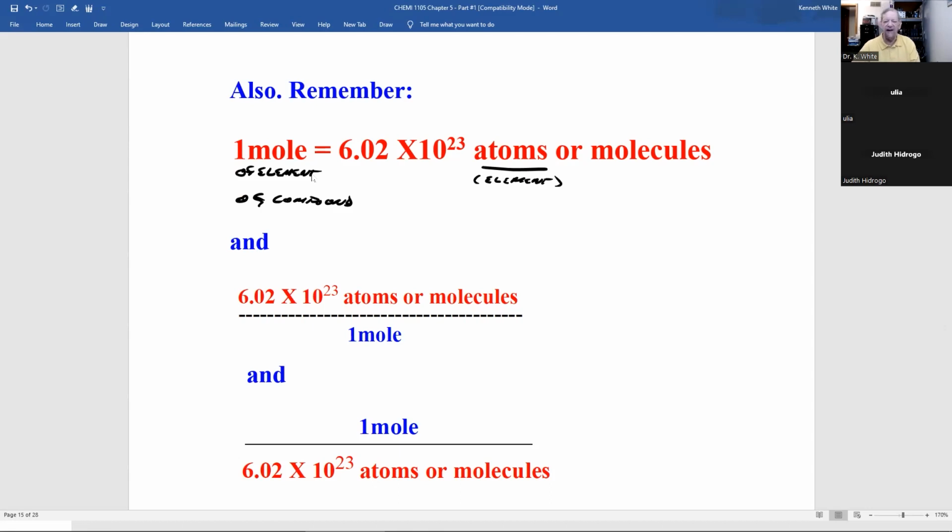A mole of a compound is 6.02 times 10 to the 23rd molecules. And this would be from compounds.